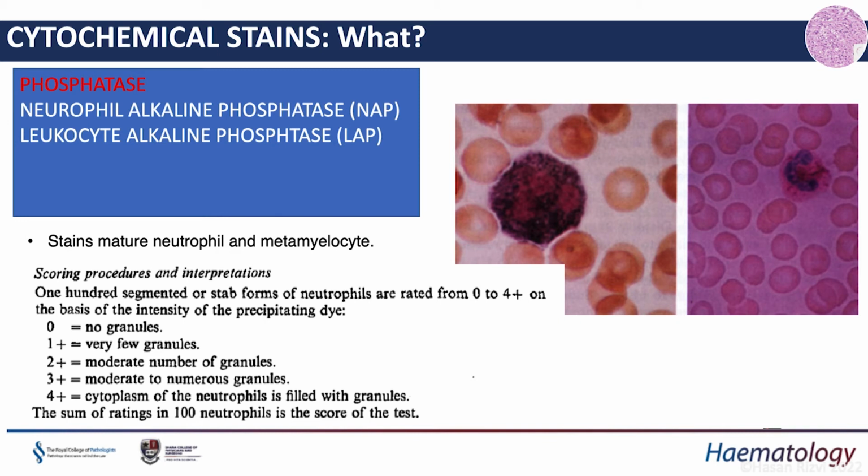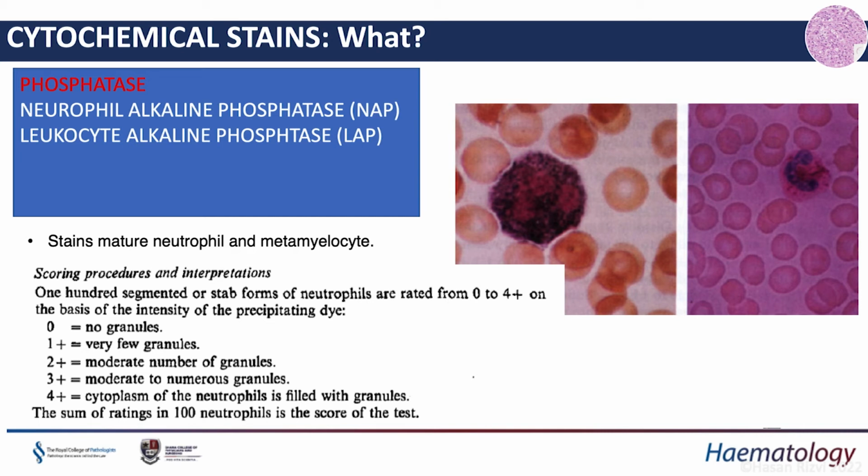The next one is the phosphatase reaction, which the most common one and more clinically used for a long time is the neutrophil alkaline phosphatase, which is NAP, but is also more commonly called the LAP or the leukocyte alkaline phosphatase. And this reaction stains mature neutrophils and immature precursors, metamyelocyte onwards.